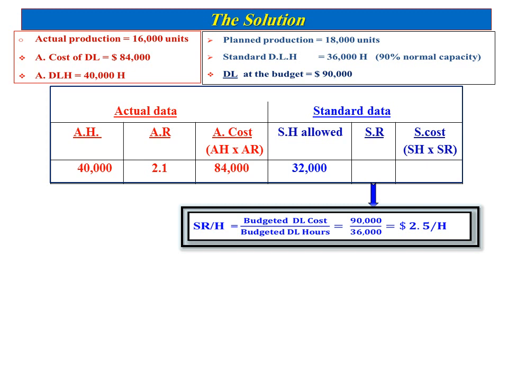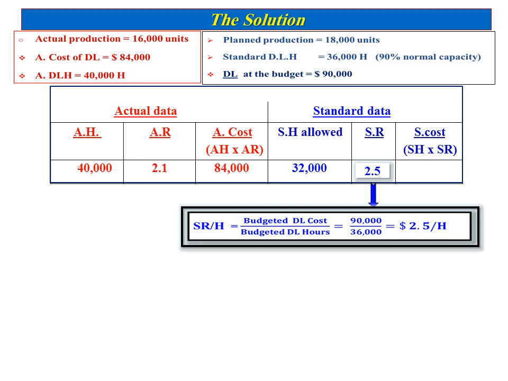Here I use my budget of direct labor, 90,000, and my standard direct labor hours 36, which will equal 2.5. I calculate standard hours per unit, and I calculate standard rate per hour. Then there is no problem in calculating standard cost.